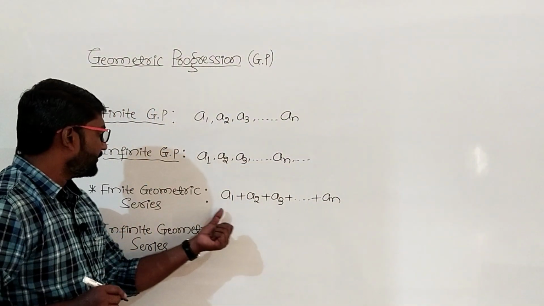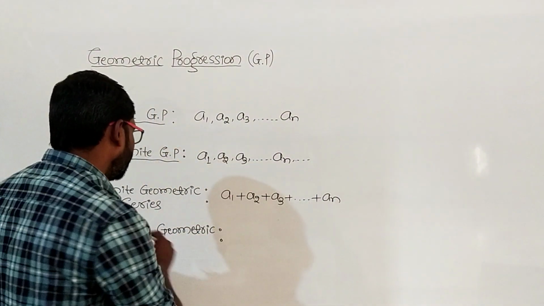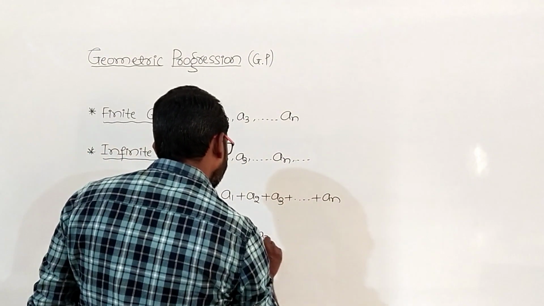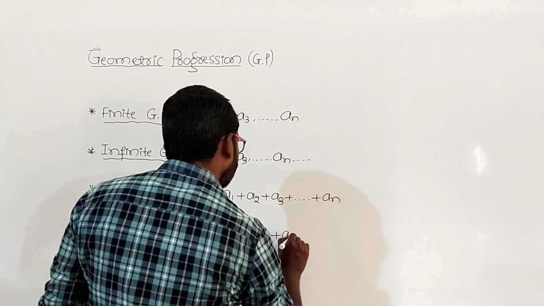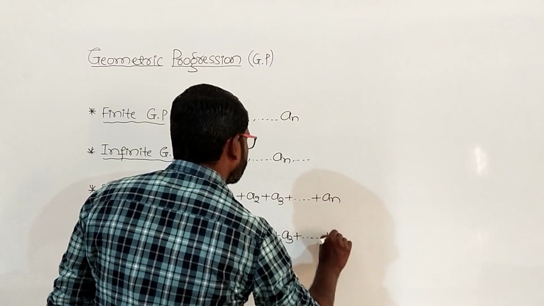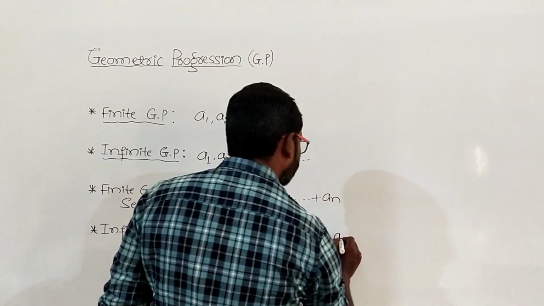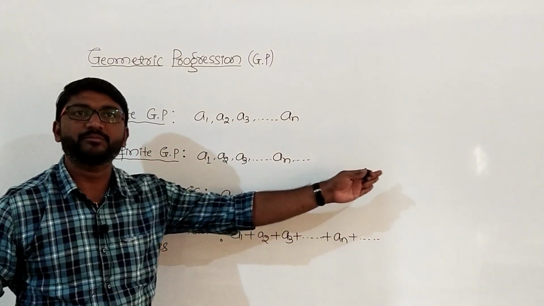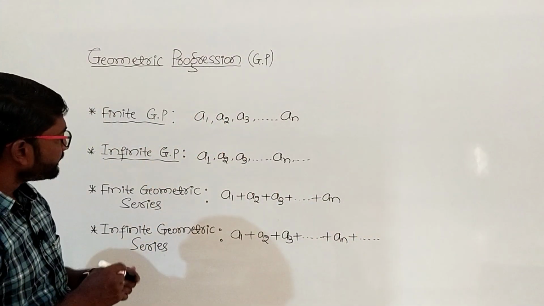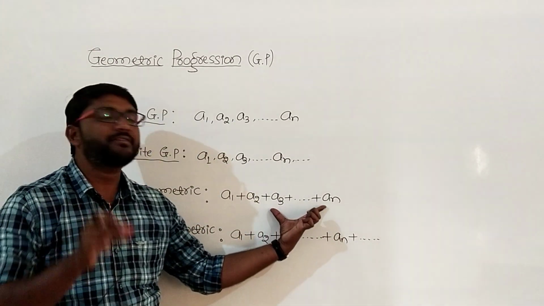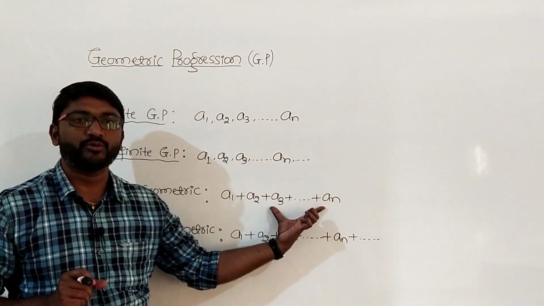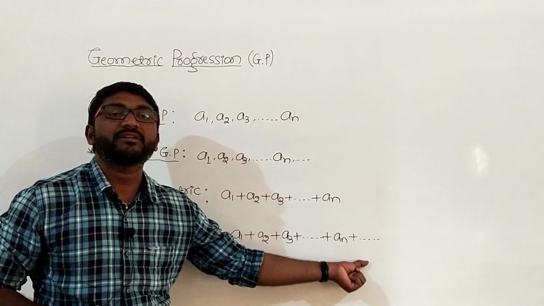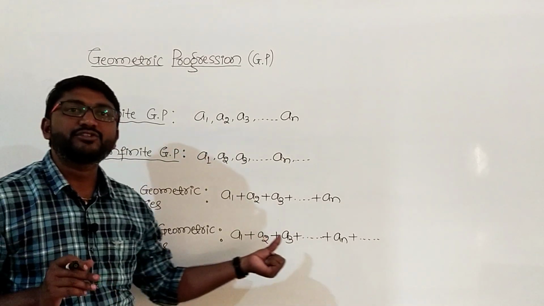The infinite geometric series is A1 plus A2 plus A3 plus so on plus An, and it continues, plus the n plus 1th term, the n plus 2th term, and so on. In the finite case we take the sum of the first n terms, which are countable. Here the terms are uncountable, which is why it is called an infinite geometric series.